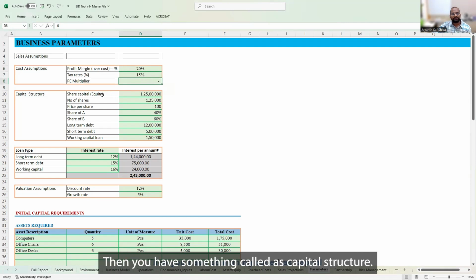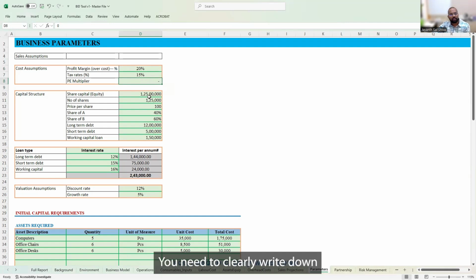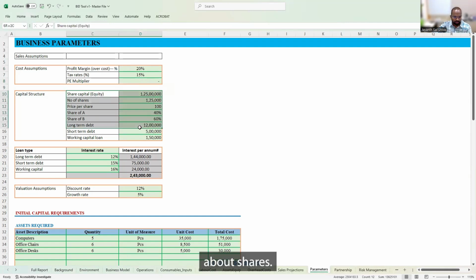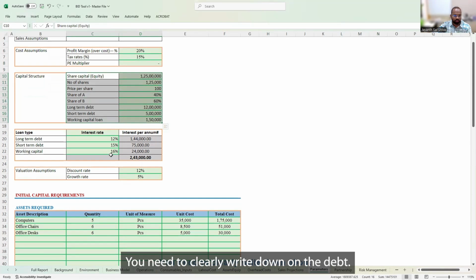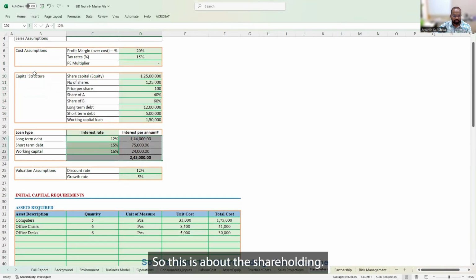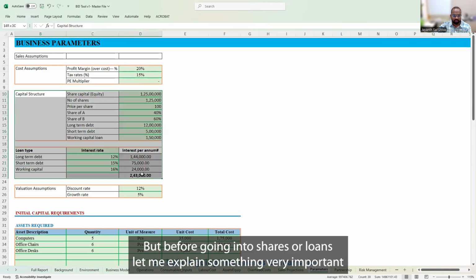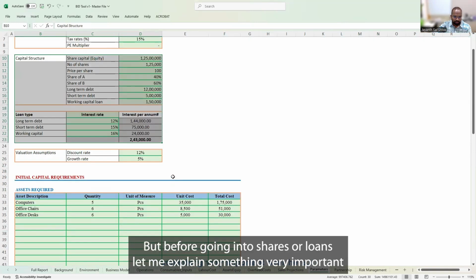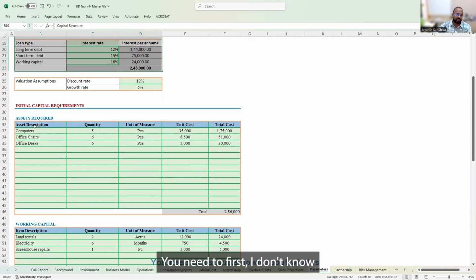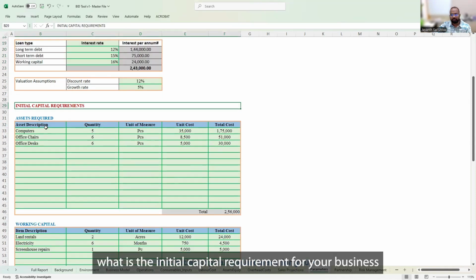Then you have something called capital structure. You need to clearly write down about shares and about debt. This is about the shareholding, and this is about the debt or the loans. Before going into shares or loans, let me explain something very important. You need to first write down the initial capital requirement for your business.